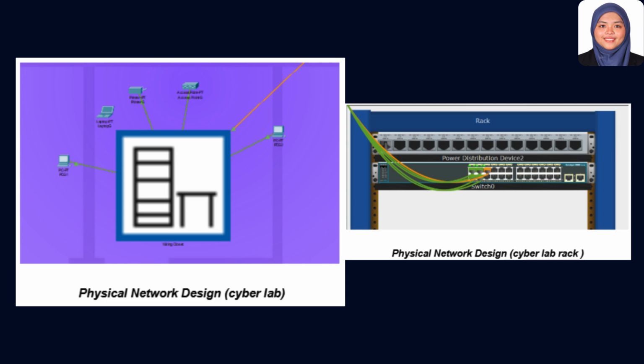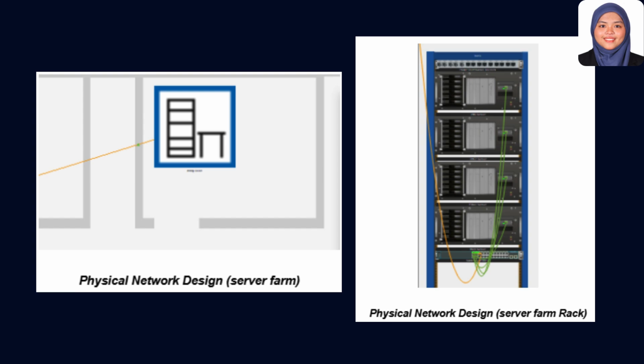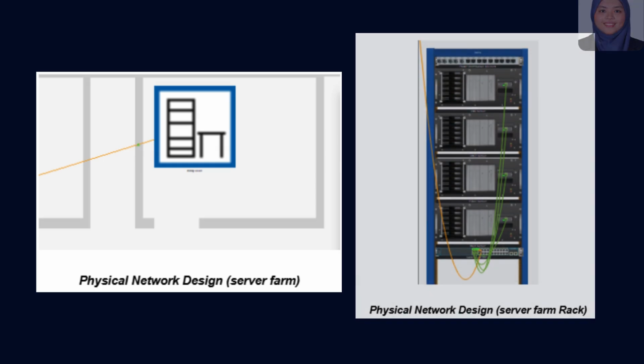In CyberLab, we have a switch which is connected with 2 PCs, 1 printer, and 1 access point, which has a connection with laptops. For the main campus, we also have the server farm, where the switch is connected with 4 servers, which are the DNS server, web server, email server, and DHCP server. On the right side, we can see the overview of the server farm.